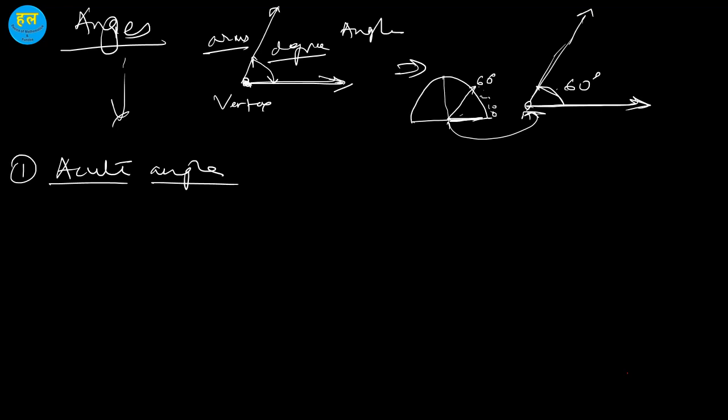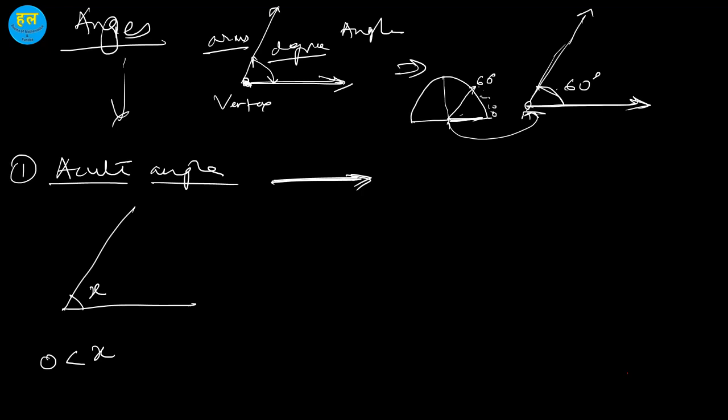So now when we measure the angle, let us suppose the angle be x. When we measure the angle we find that the angle is greater than 0°. 0° will be when both the arms are on the same line.